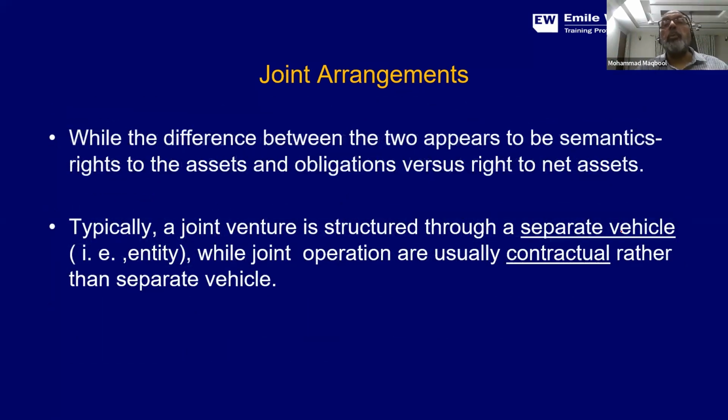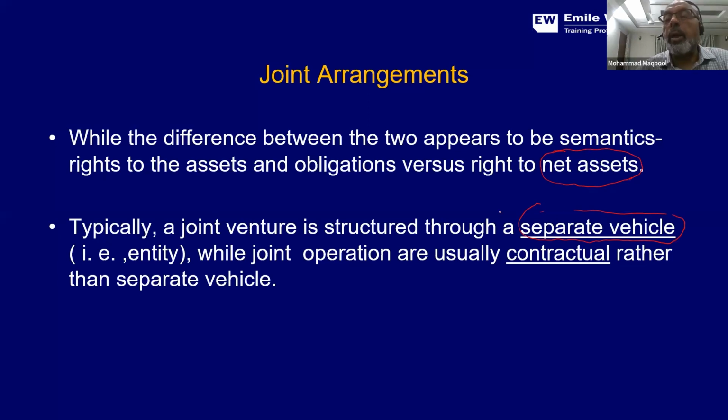The difference between the two is basically the right to net assets in one case, and the right to assets and the obligation for liabilities in the other case, not in the net. So the difference is the separate vehicle.